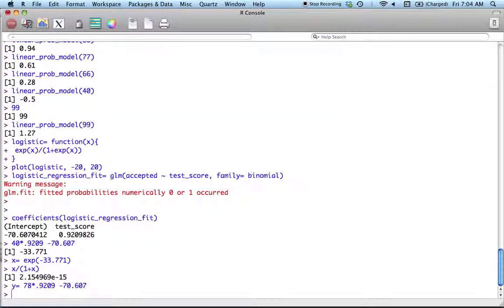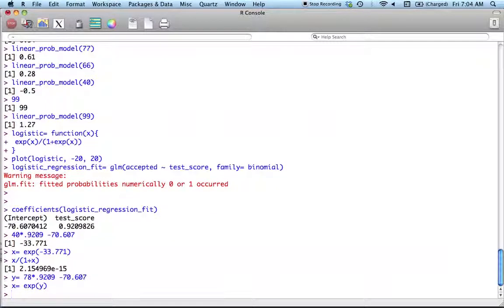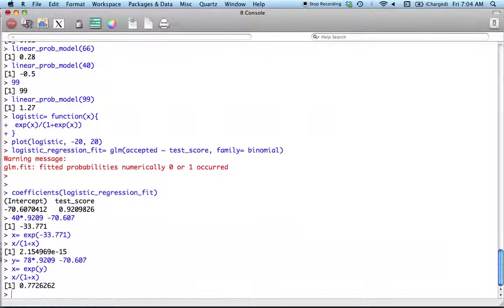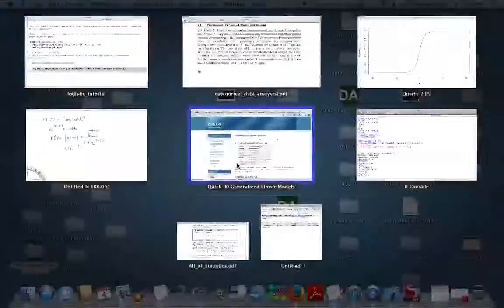Okay. According to this thing, if you got a 78, you have a 77% chance of getting in.